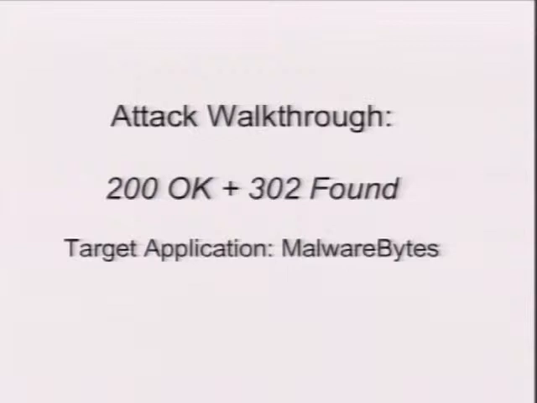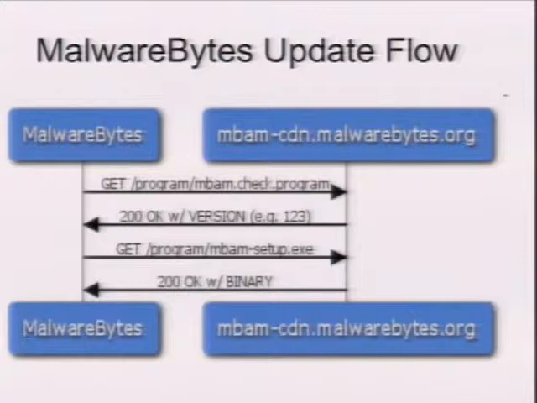Okay, the last example that we're going to review is a much more complex one. The Malwarebytes application is an anti-malware application. Its update procedure is a little bit complex, but not that much. First, it begins by querying the server whether there's a higher version available.